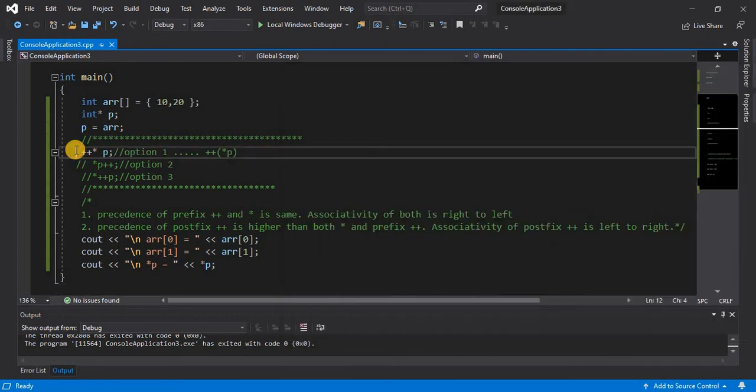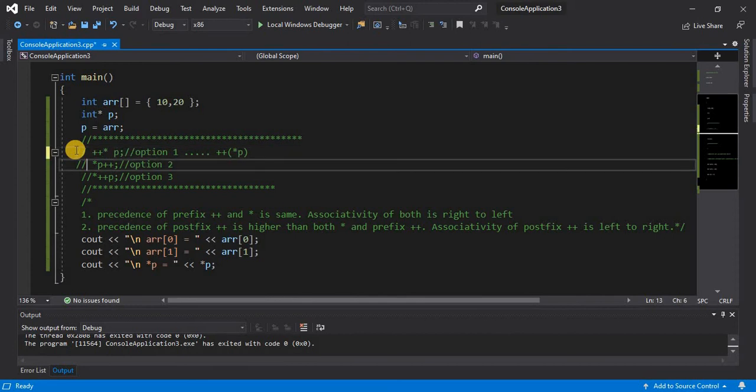Now let us try to explore the second option. Here we have two operators, that is one star and postfix plus plus. So rule number 2 will be applied here. The precedence of postfix plus plus is higher than both star and prefix plus plus.